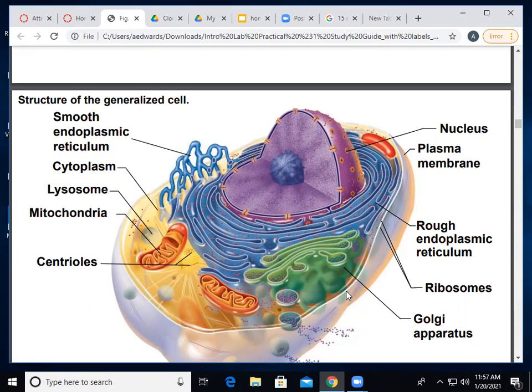They're kind of like the cleanup, the trash service for your cell. Mitochondria look kind of like pickles or jelly beans, whatever you want to call them. They make energy, and it's in the form of ATP.